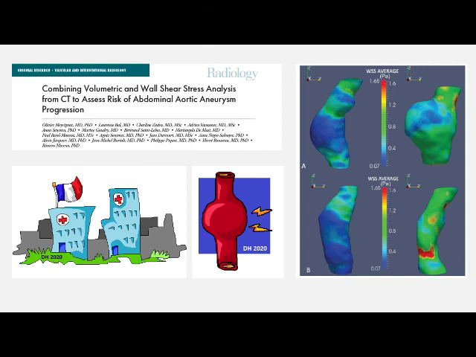But here they're broadening the concept to include volumetric and also dynamic fluid characteristics of the abdominal aneurysms, and how this can help us understand the risk of rupture in aneurysms that are smaller than the usual threshold.